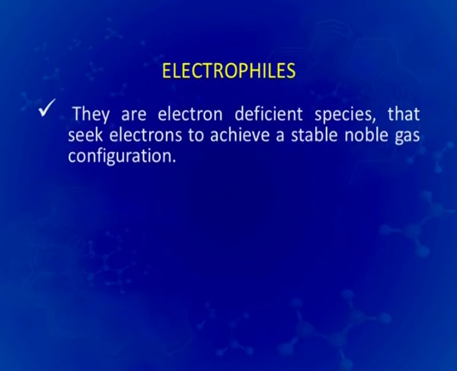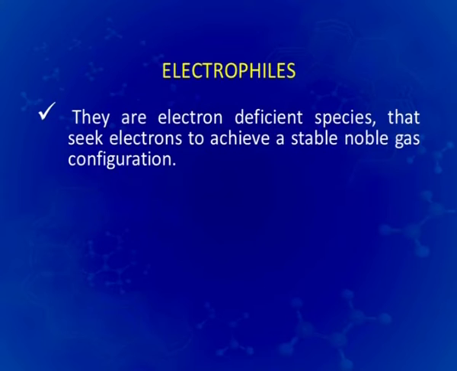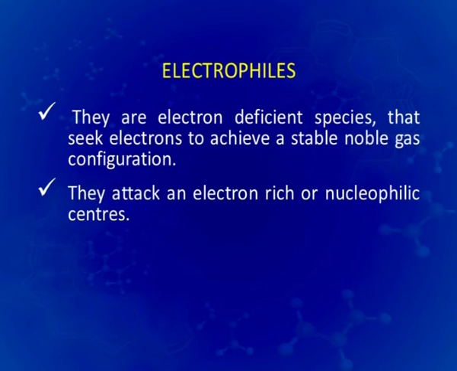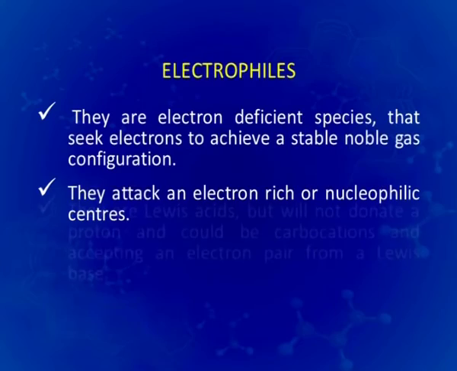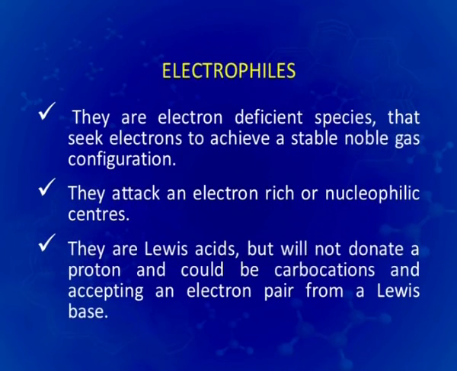Because they are electron loving, they are electron deficient species that seek electrons to achieve a stable noble gas configuration, and they attack an electron rich, or we may say a nucleophilic center. Because they are electron loving, they are Lewis acids, but will not donate a proton and could be carbocations, accepting an electron pair from a Lewis base.